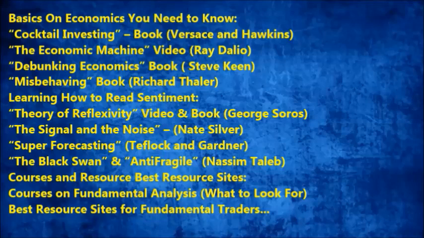So what is a good theory to start with? Well, an essential theory, in my view, is the theory of reflexivity by George Soros. There's plenty of videos on YouTube you can get for free. Also, the theory is outlined in his excellent book, The Alchemy of Finance.